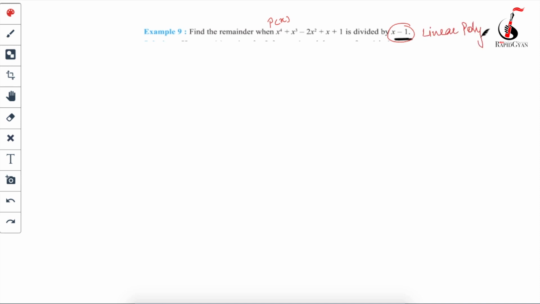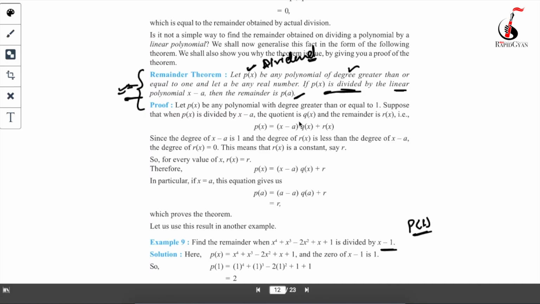A linear polynomial means a polynomial of degree 1. They are saying it is being divided by the linear polynomial x minus a. Remember this, beta, this is x minus a, then the remainder will be p(a).